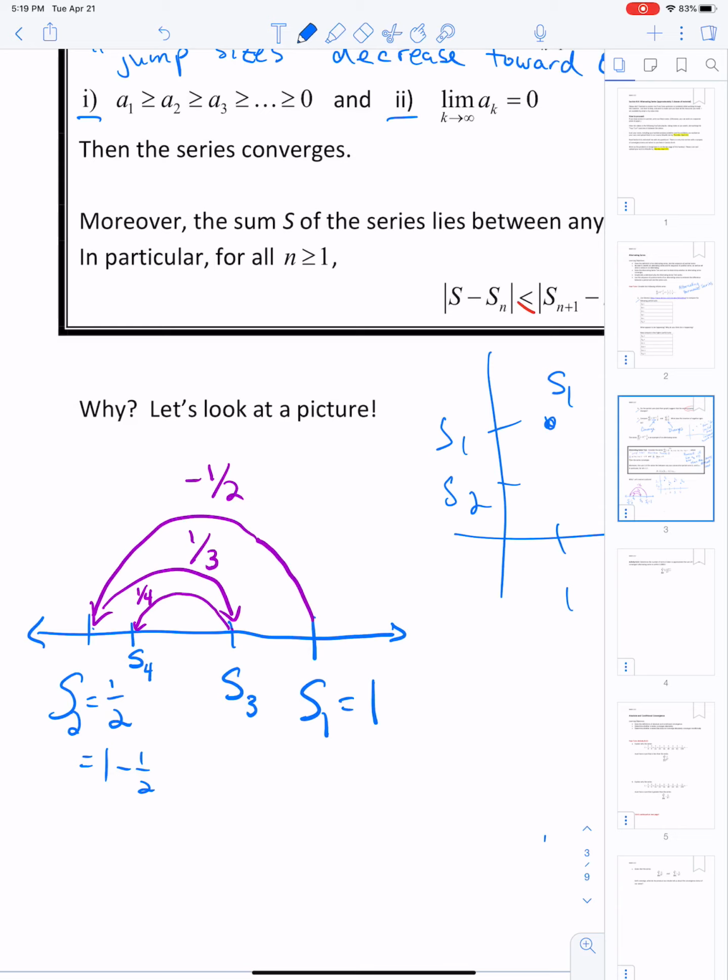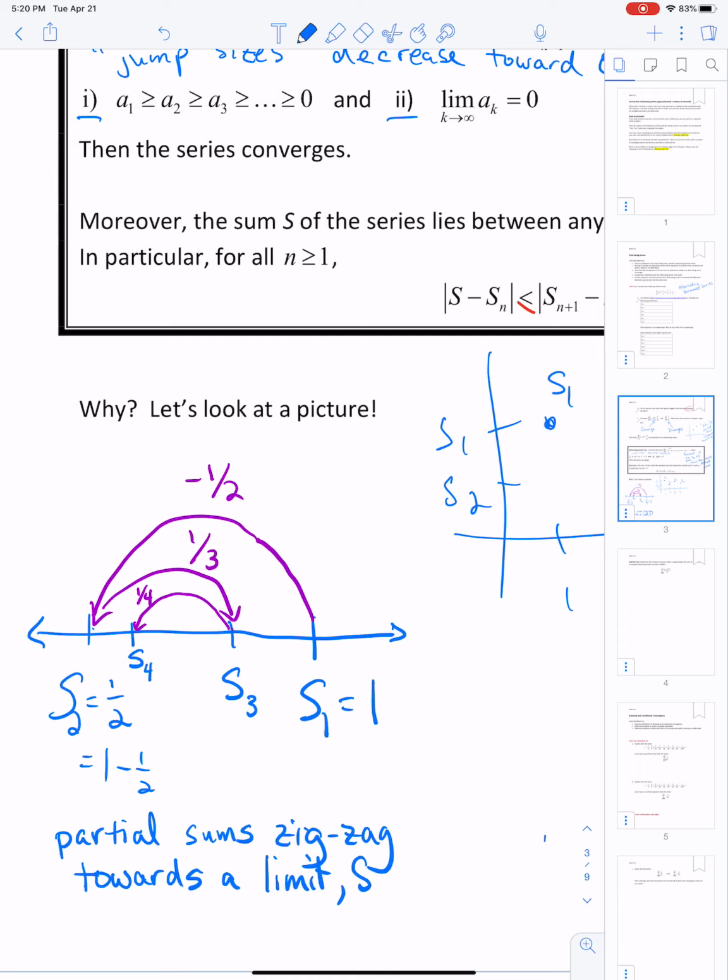So let me write that here. Partial sums zigzag. It just means they bounce back and forth. So they zigzag towards a limit S. And how do we know that they have to go towards a limit?